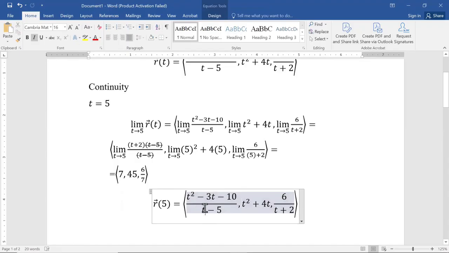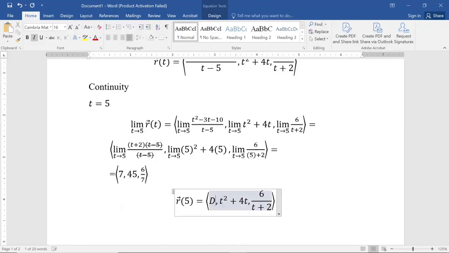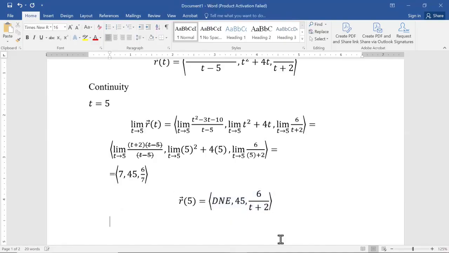Notice what's going to happen on that first component. We're going to be dividing by 0, and therefore this first component does not exist. By the way, it's perfectly fine to just plug in 5 in the second and third components. We're going to get 45 and then 6/7 when I simplify.